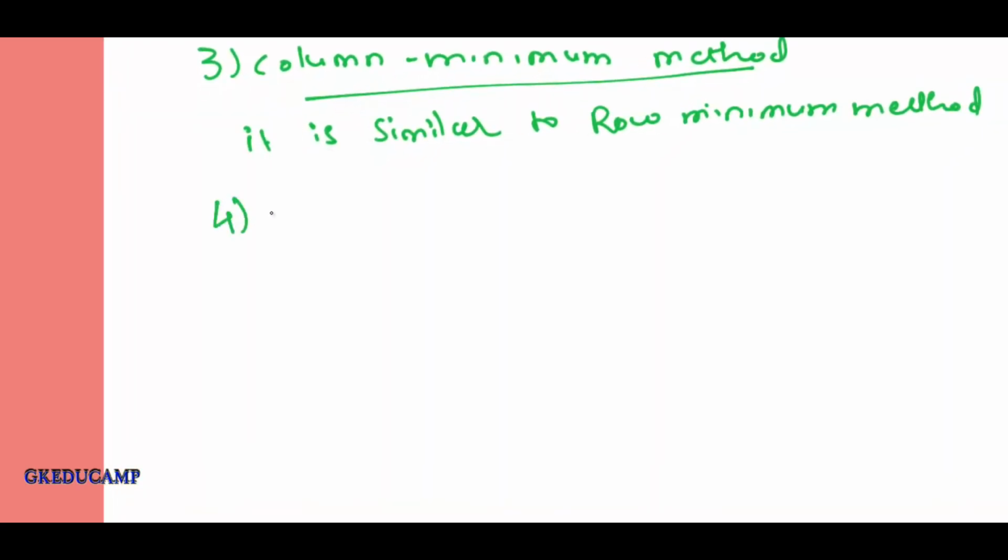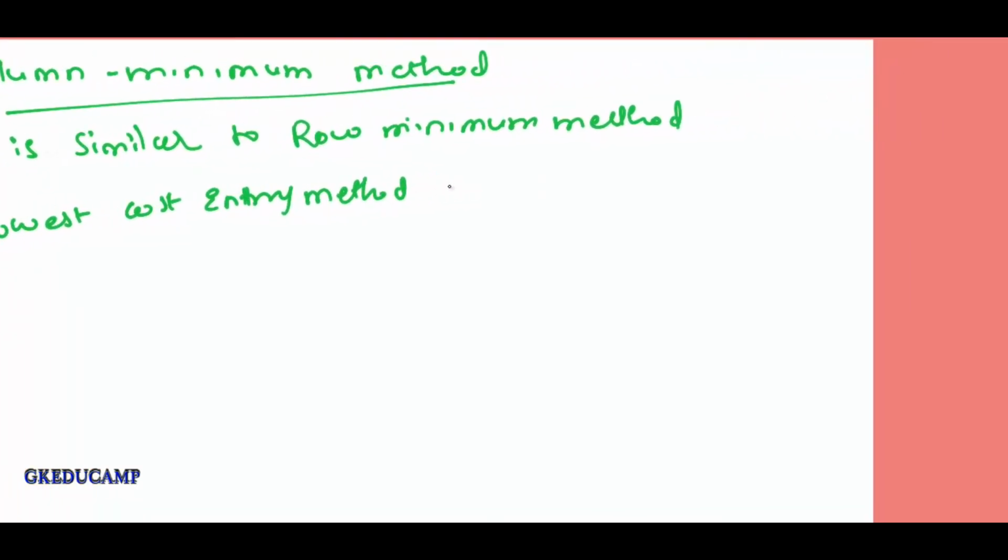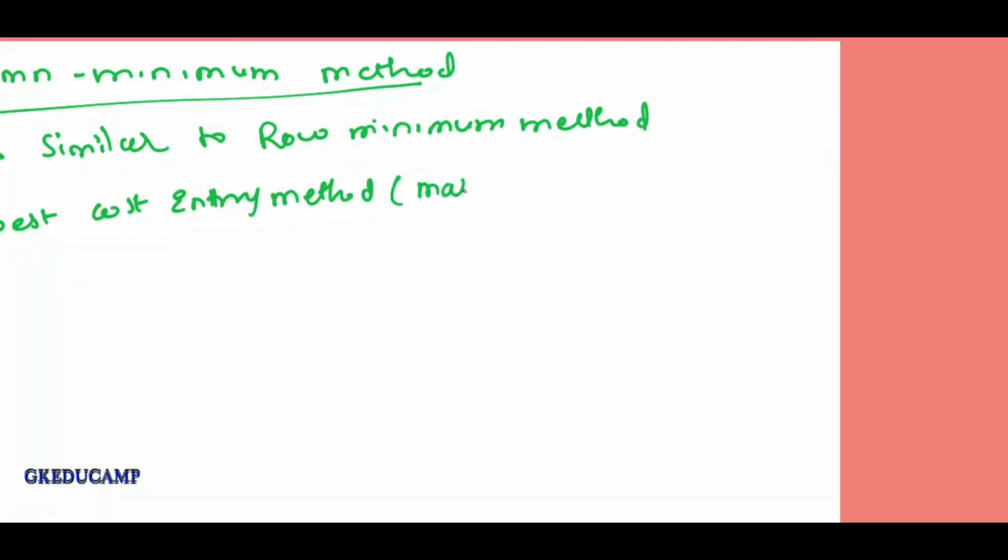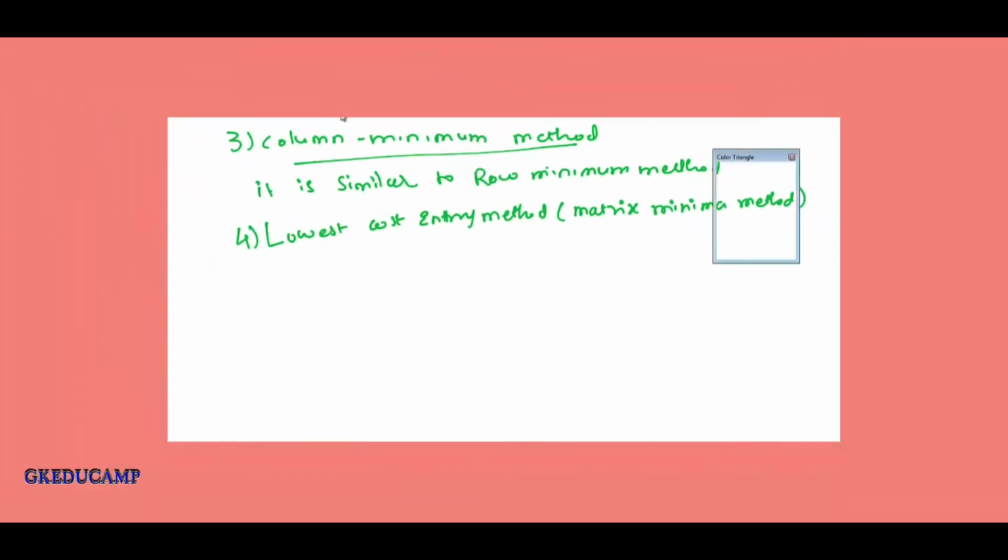Fourth one is lowest cost entry method or matrix minima method.